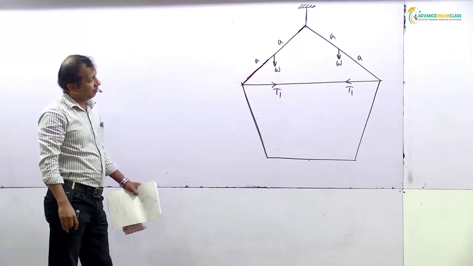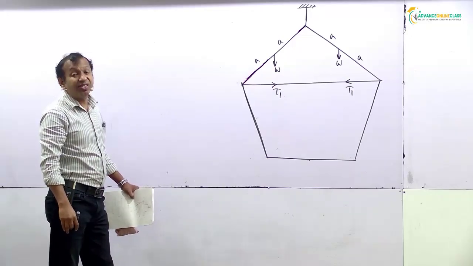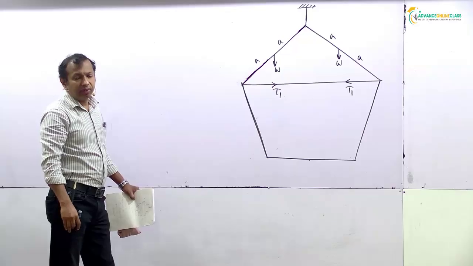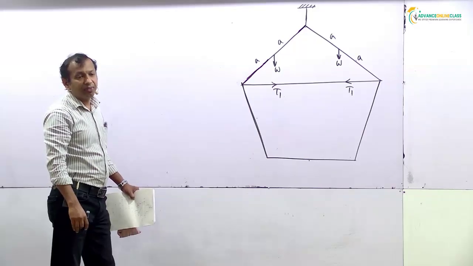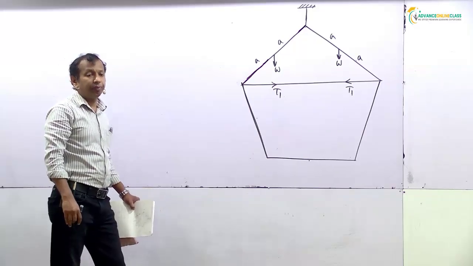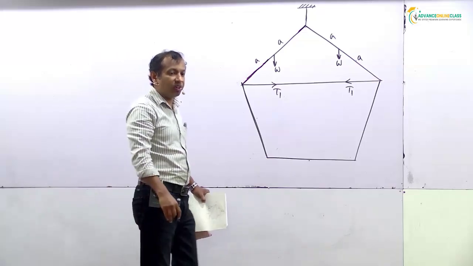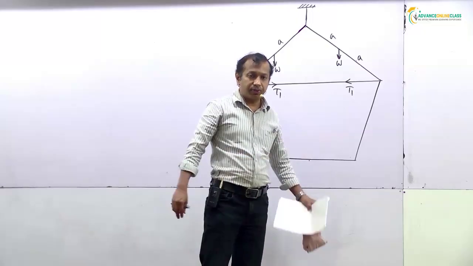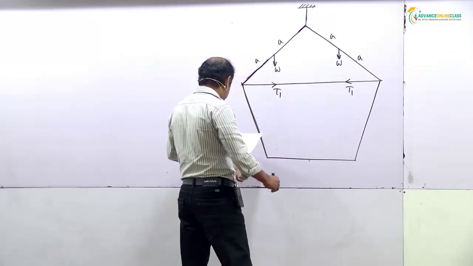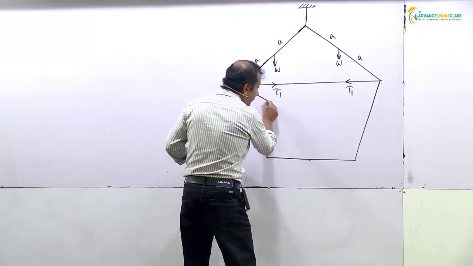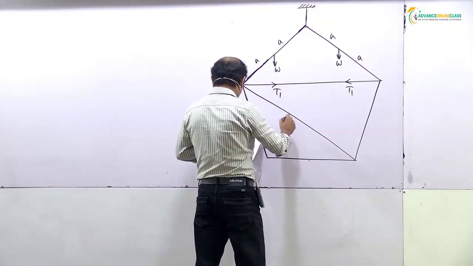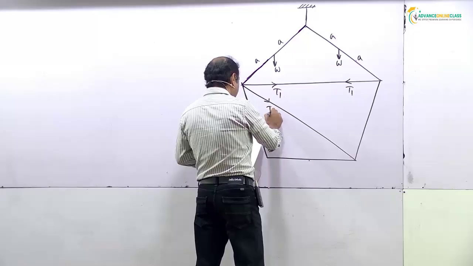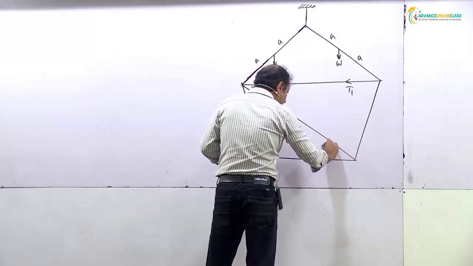We know that, but we mark them as tension. What will happen to the final answers? They will be negative. Tension negative means thrust. So don't worry about the exact nature. This is T2, T2 here, T2 here.